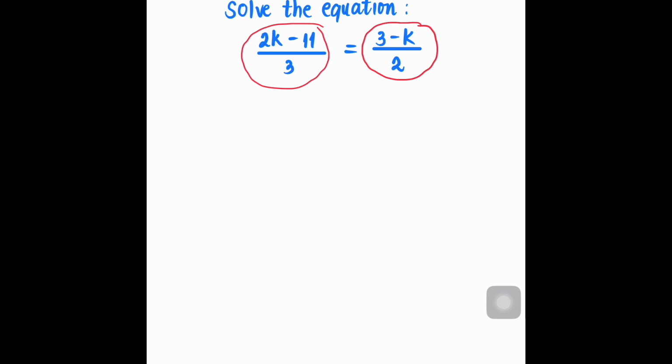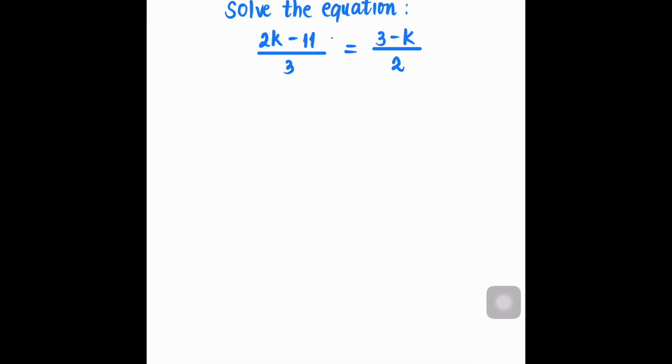And this is what we call the cross product or cross multiplication. So if you already have one single fraction on the left and one single fraction on the right, definitely you are ready to apply the cross multiplication. So like technically multiplying the two fractions. So cross product is this one.